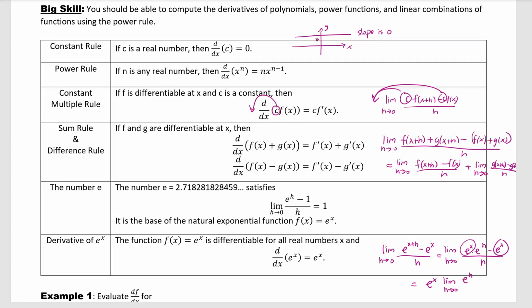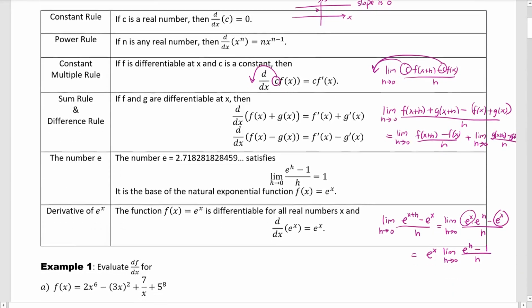Then we have e to the h minus 1 over h. Oh, this is exactly this limit. It equals 1, right? So this is e to the x times 1, which is e to the x. So that's why the derivative of e to the x equals e to the x.